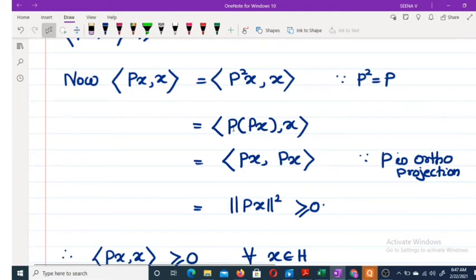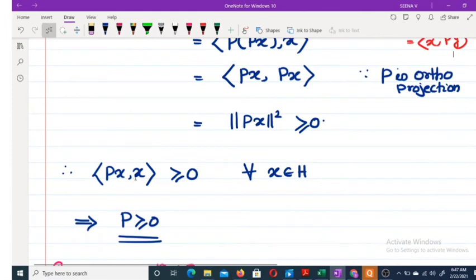And as P is an ortho projection, you can write this, take P here. That means because ⟨Px, y⟩ = ⟨x, Py⟩ by ortho projection. Therefore this is ⟨Px, Px⟩, and this is norm of Px square, which is greater than or equal to 0.